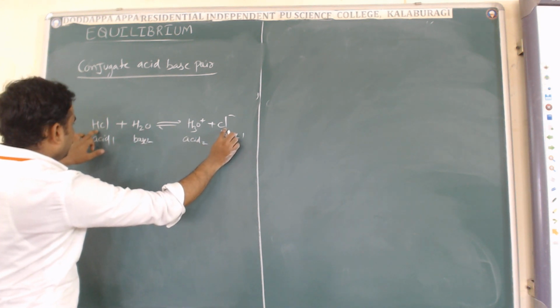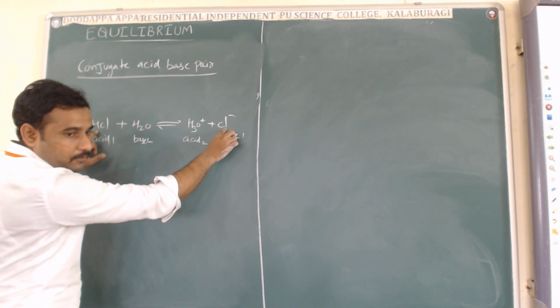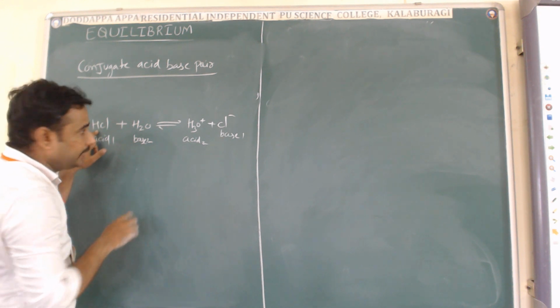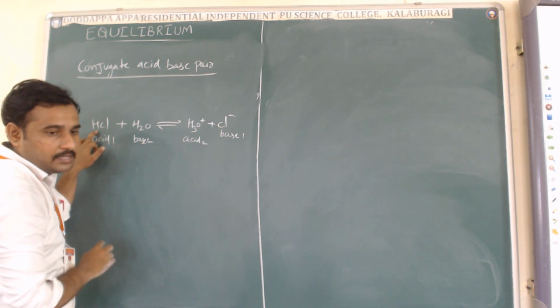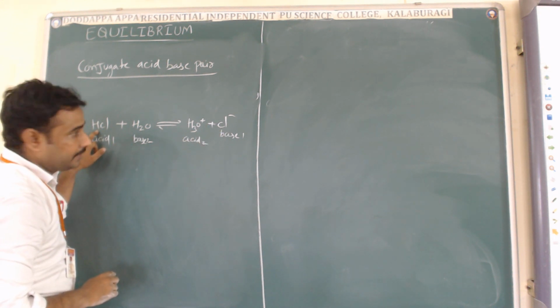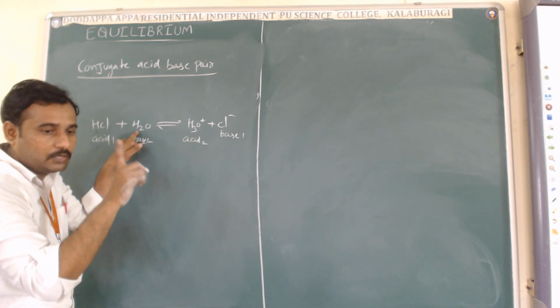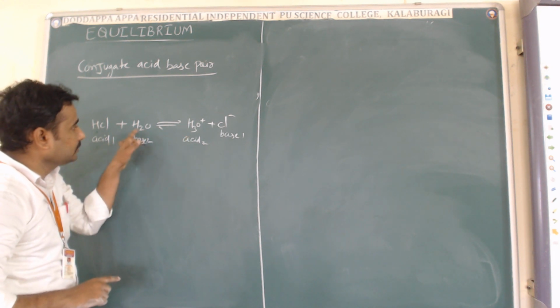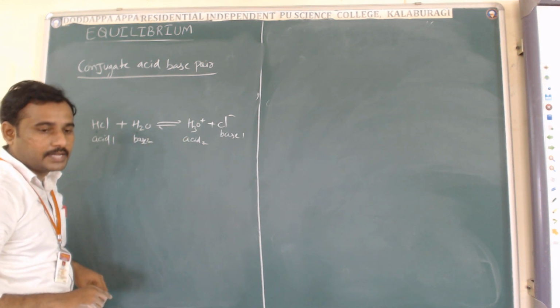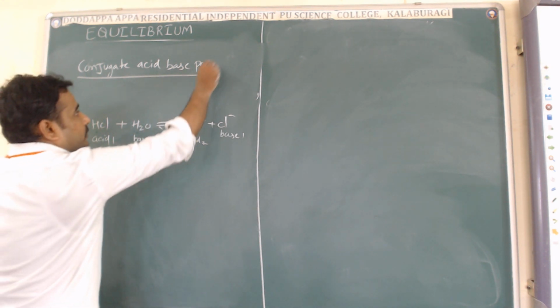You see here, HCl is the acid and this is the base. These HCl and Cl minus differ by only one hydrogen. Then HCl and Cl minus are a conjugate acid base pair. Suppose you see here H2O and H3O plus. They differ by only one hydrogen, so it is called a conjugate acid base pair. What is the meaning of conjugate acid base pair?